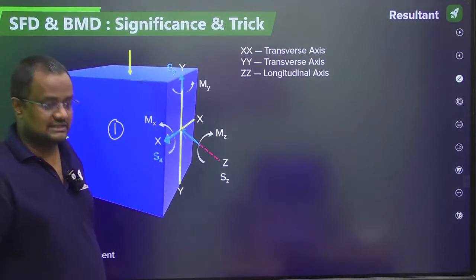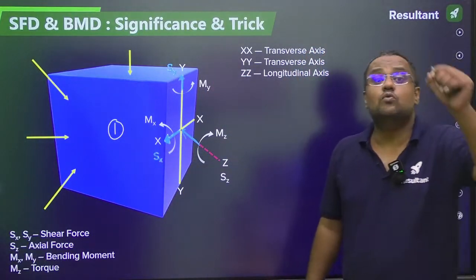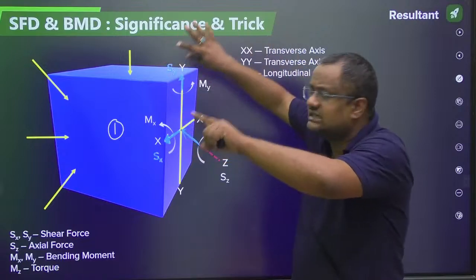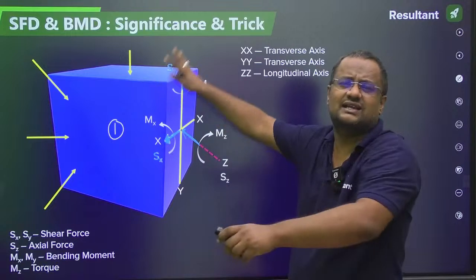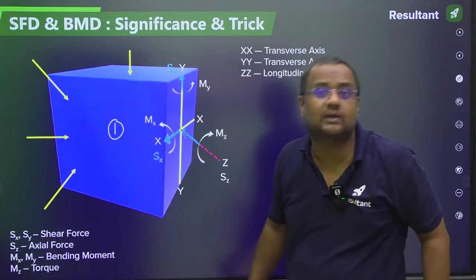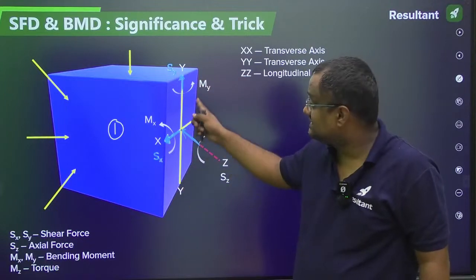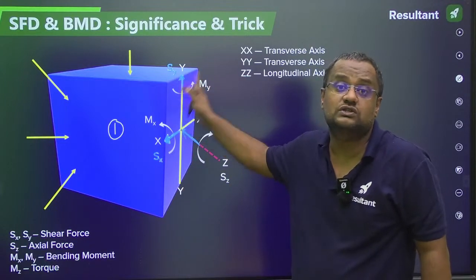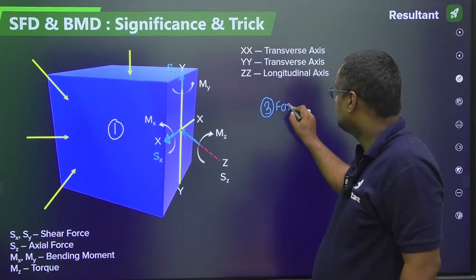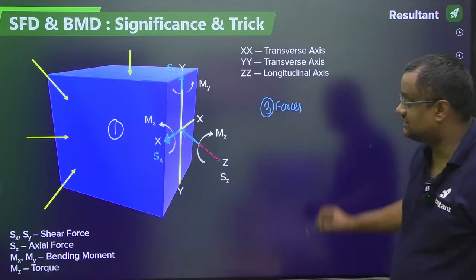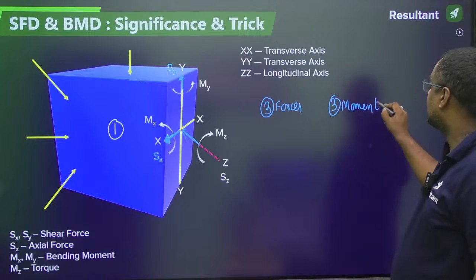So that means in the most general case of loading, when forces and moments are coming in any direction, x, y, z, inclined, on an equilibrium beam, then when we cut one part of the beam, 6 internal things or internal forces will be coming, out of which 3 are forces in x, y and z direction, and 3 are moments about x, y and z.